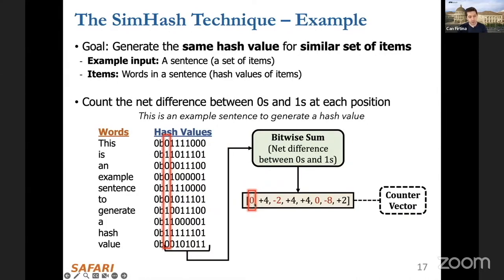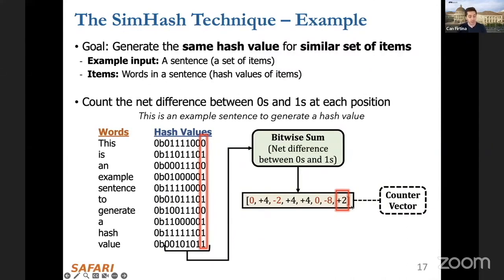And if we see a 0, then this would mean that the number of zeros and ones at this particular position is equal to each other. So the net difference is 0. Here we show the net difference at the least significant bit position, which is the rightmost position. And here we're seeing a +2 value. By just looking at it, I can tell that there are more ones than zeros because the sign is positive.